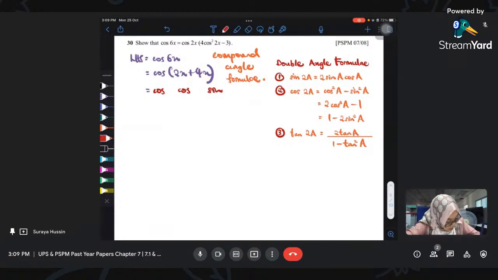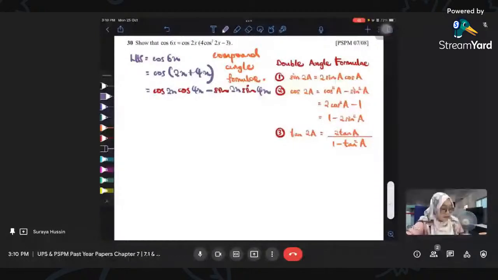Cos, sine, sine, 2x, 4x. Here gonna be minus. Okay. So dekat sini, I will start to highlight my cos 4x and sine 4x because this is an input first. This is an input first to change into double angle.